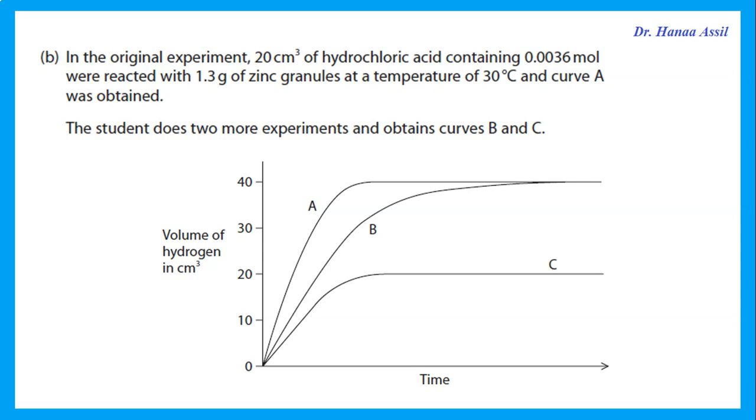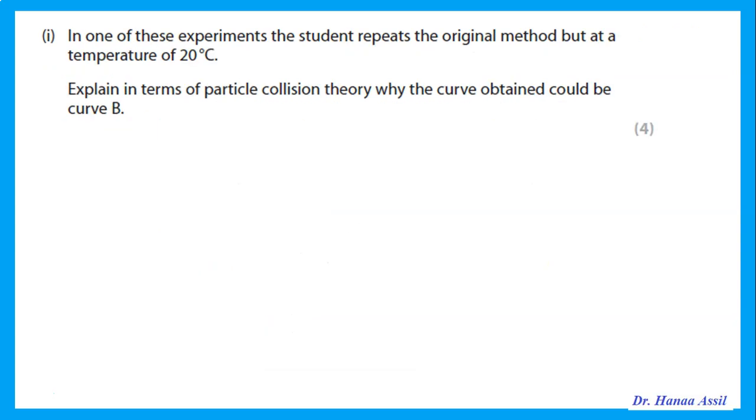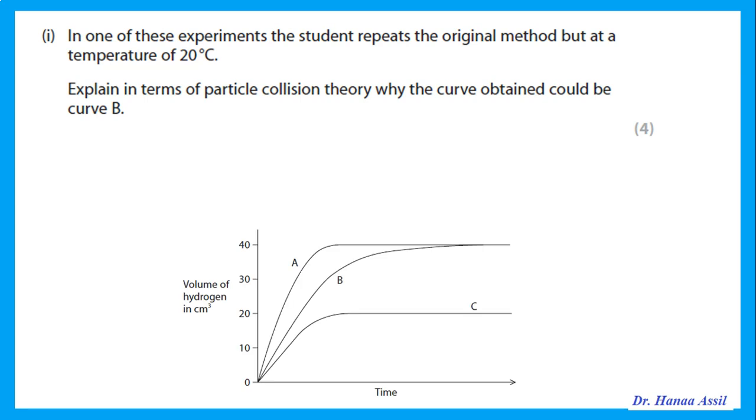In the original experiment, 20 centimeter cubed of hydrochloric acid containing this number of moles were reacted with 1.3 grams of zinc granules at a temperature of 30, and we got curve A. The student does 2 more experiments. In one of these experiments, the student repeats the original method, but at a temperature of 20.